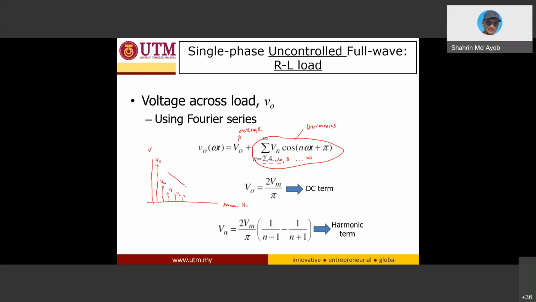So it keeps decreasing. For higher numbers, your harmonics will be very, very small.